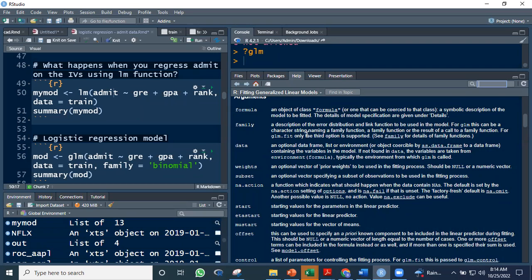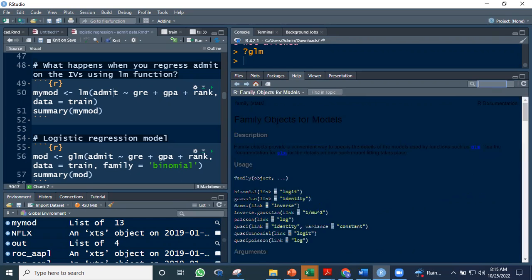Okay, so family, no? A description of the error distribution and link function to be used in the model. For GLM, this can be a character string naming a family function. Okay, so tingnan natin yung family dito.